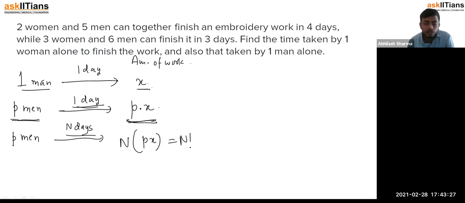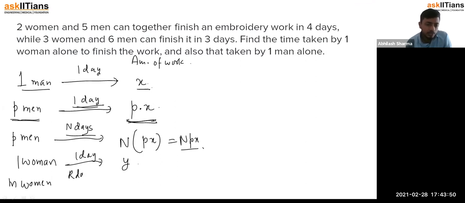So npx. Same goes for women, that if one woman in 1 day completes y amount of work, then n women in any number of days, let's say r days, will complete how much work?